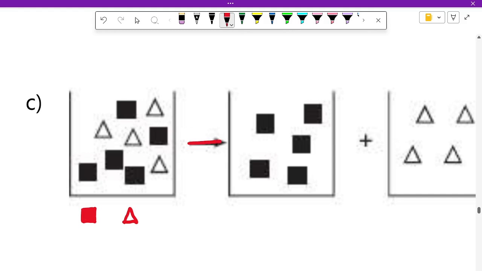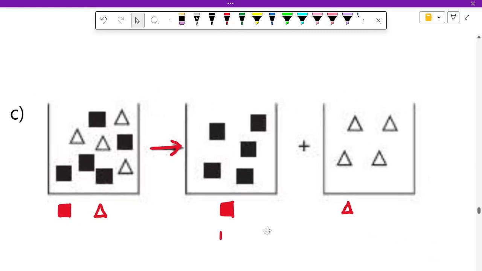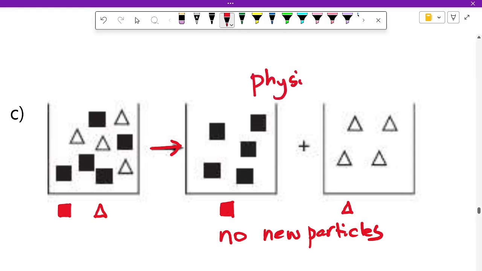At the end, were there any new particles? No new particles. So that's going to be physical.